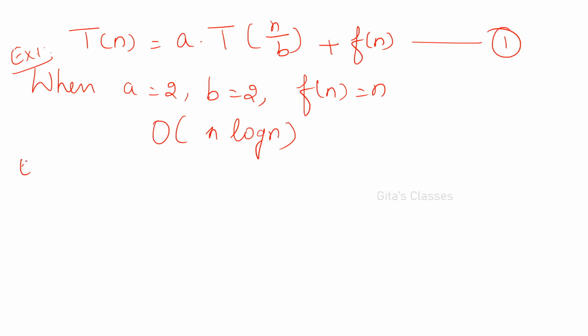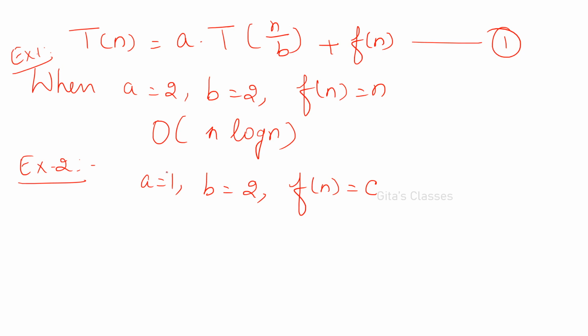Let us see one more example. Example 2. When A is equal to 1, B is equal to 2 and f of n is equal to constant. That is, the combining of the solutions will be constant. So divide it into 2 sub-problems. B is equal to 2 means 2 sub-problems.